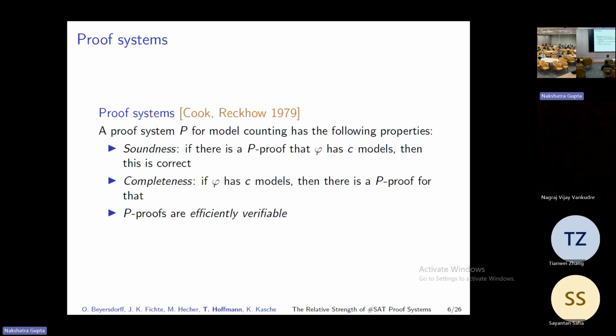That means that if we have a proof that a formula has C models, then this is correct. Secondly, we have completeness. That means that for every formula, we really have a proof in our proof system for that formula. The third point is that there has to be some way to verify proofs efficiently, and efficiently means that this is possible in polynomial time.